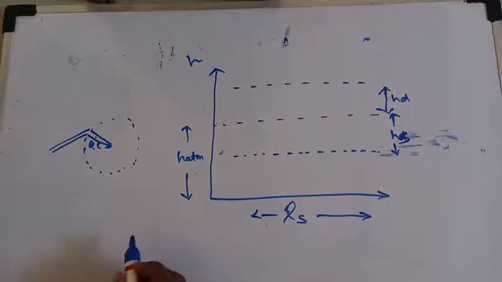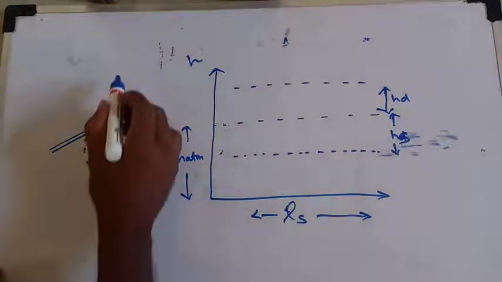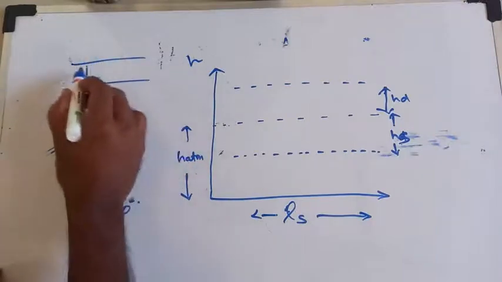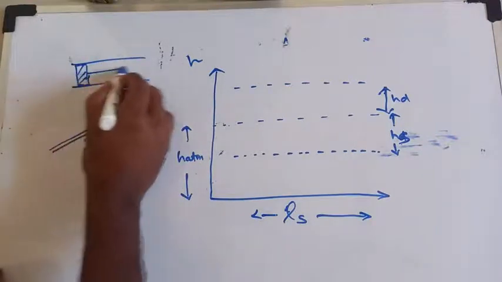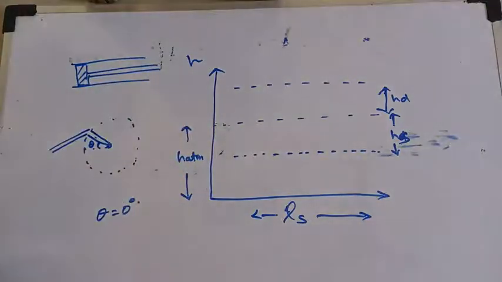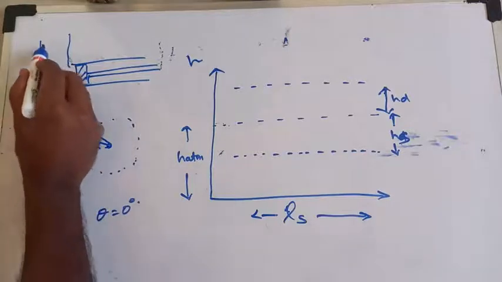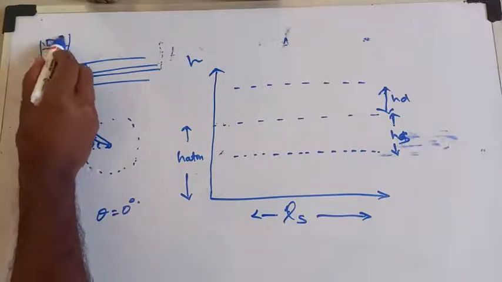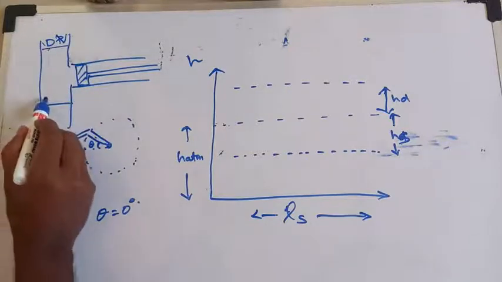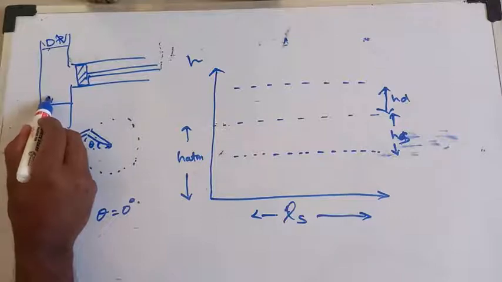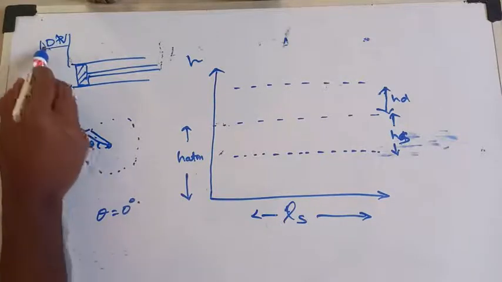Now we come to one basic logic. If I am taking theta equal to 0 degree, what will happen? At theta equal to 0 degree, the piston will be at this position. If you see, this is the suction valve, this is the delivery valve.